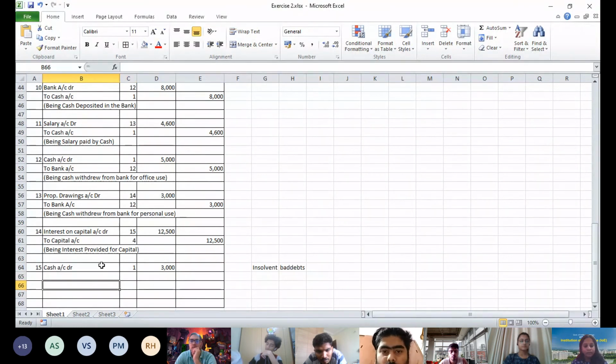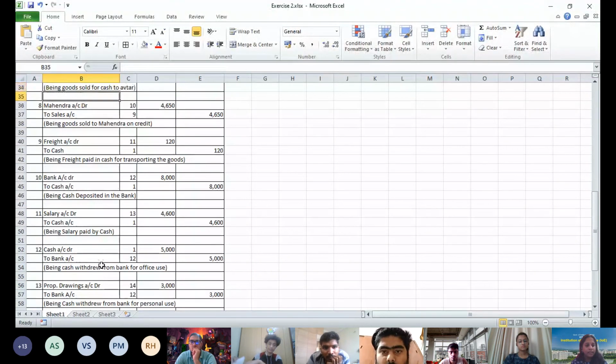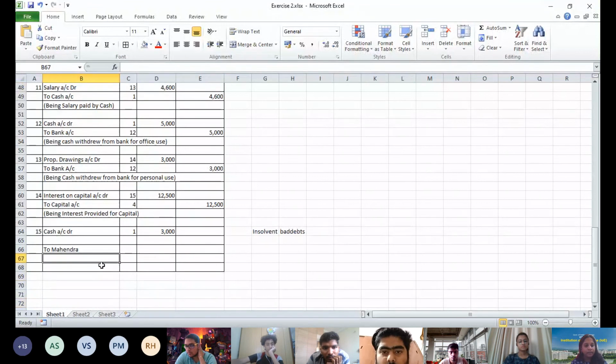To Mahendra. Mahendra's account number is 10. So the amount of sale is 4,650, and the bad debt amount of 1,650 is a loss for Ajit.